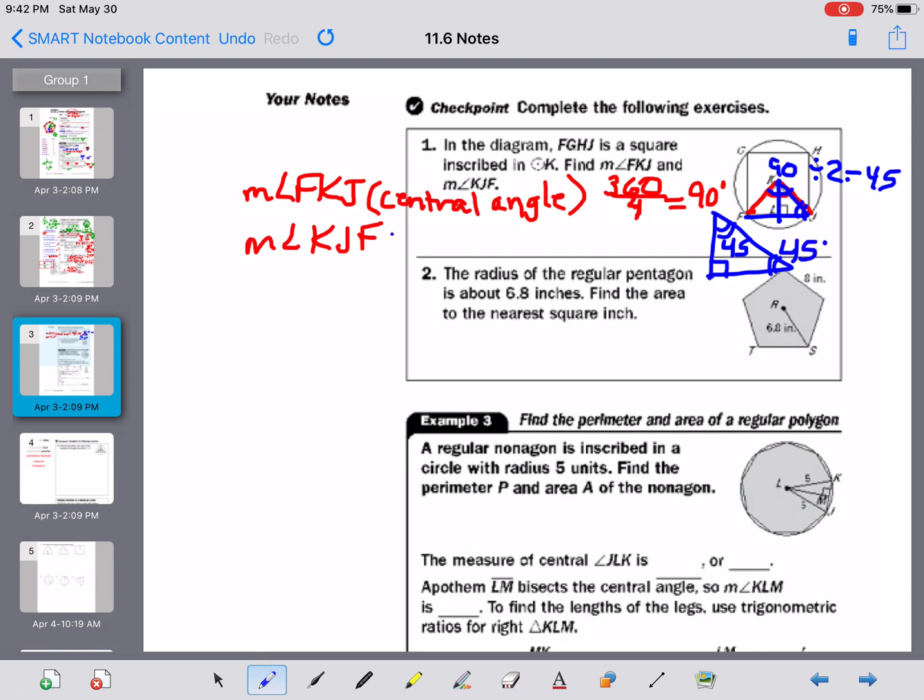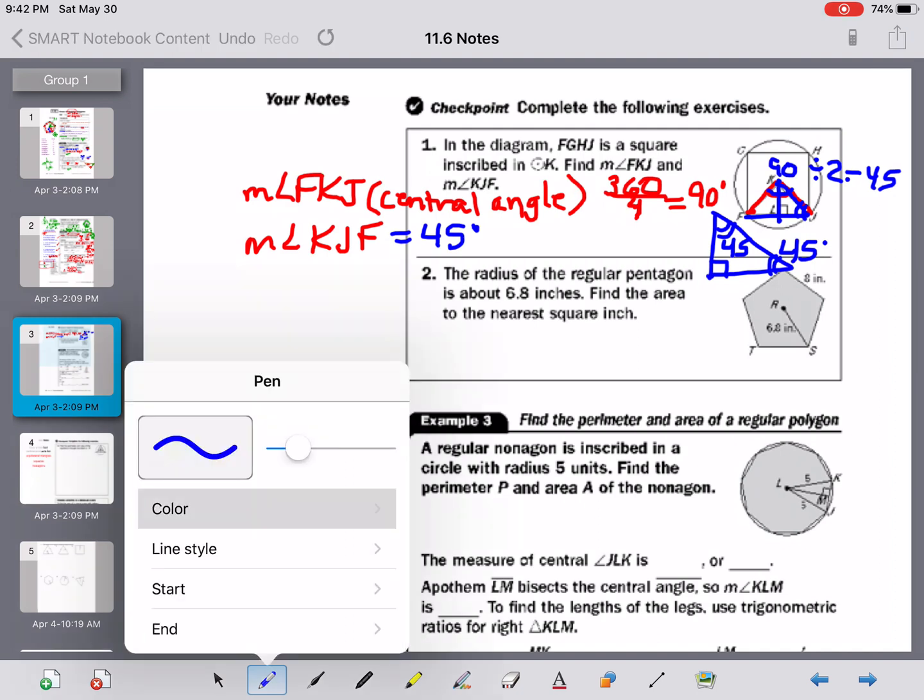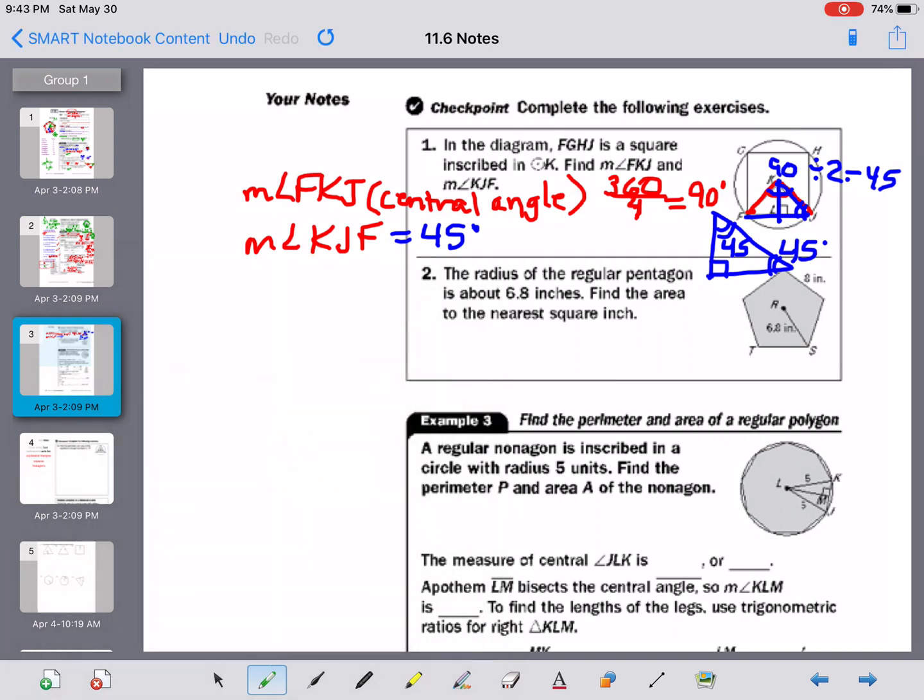Okay. Remember the advantage of doing that apothem every time, we always end up with a right triangle, so we can go back to either our special right triangles or our trig to be able to find things on those. Okay. Number 2, the radius of the regular pentagon here is 6.8, and I want to find the area to the nearest square inch. I will tell you every time I do these problems, and I do this on your homework, I find it best to break my problem down into 2 things.